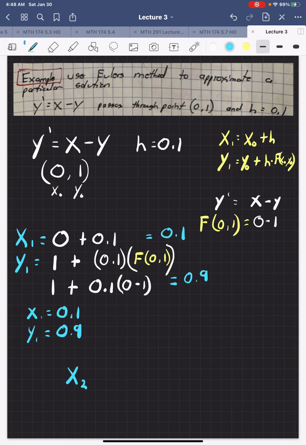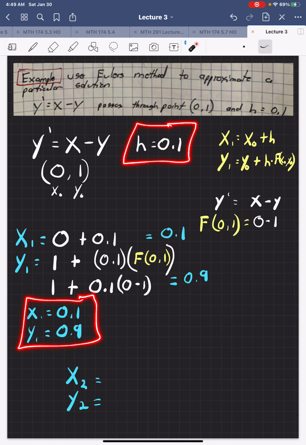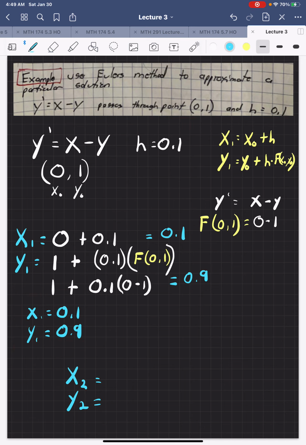If you'd like, pause the video, see if you can use this new starting point and the same h value, and see if you can find another point on the curve. I'll go ahead and give you that solution. So x sub 2 would be 0.2, and y sub 2 would be 0.82.